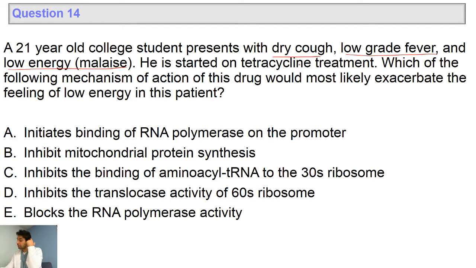It seems to me like, just in general, if somebody has dry cough, lack of energy, and what else? Low-grade fever. What do you think? It is infection, yeah. What kind of infection? Bacterial, viral, typically viral, dry cough. So what is the infection if you have cough? Either pneumonia or bronchitis.